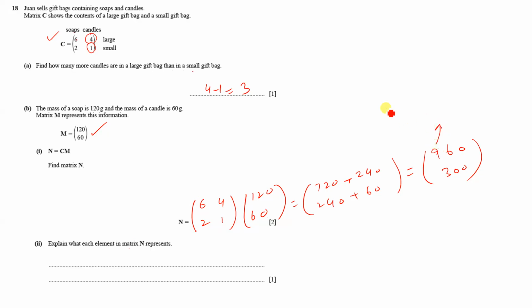This is mass of contents of large bag. And this 300 is mass of contents of small bag. Right?